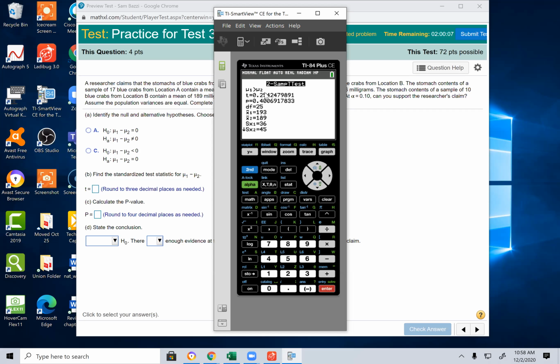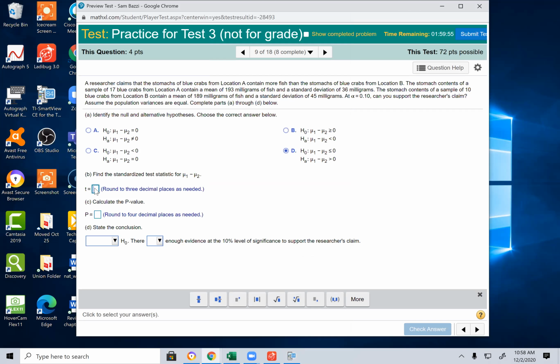Okay, guys, so t is 0.254, and the p-value is 0.401. Okay, what's the conclusion here?